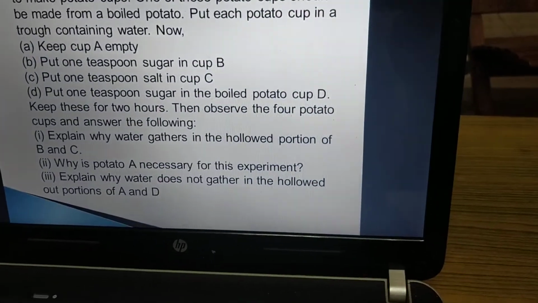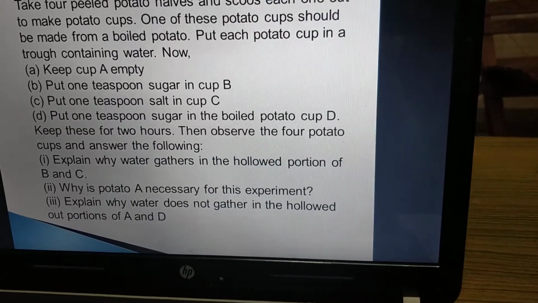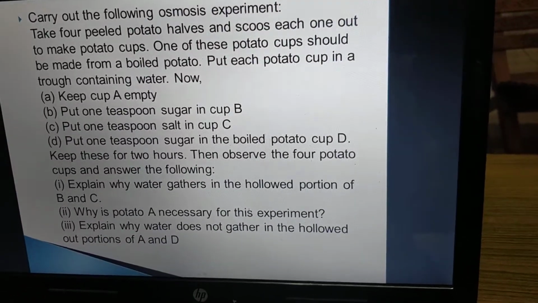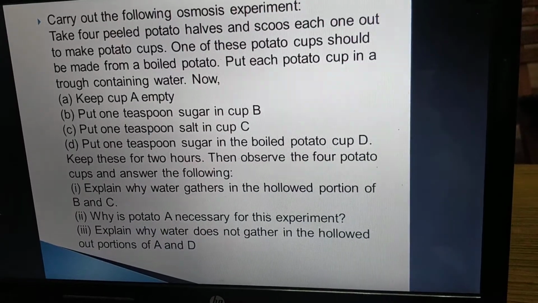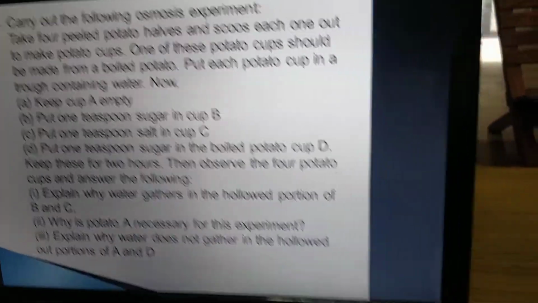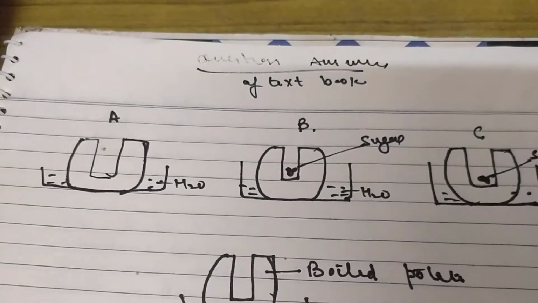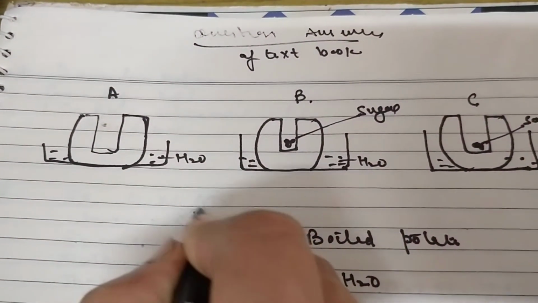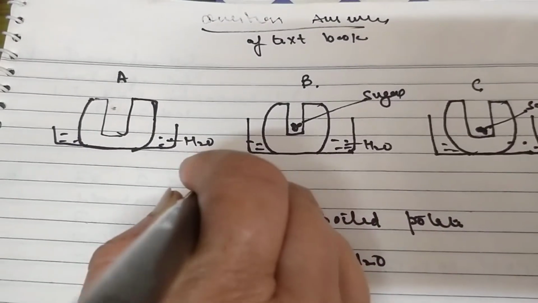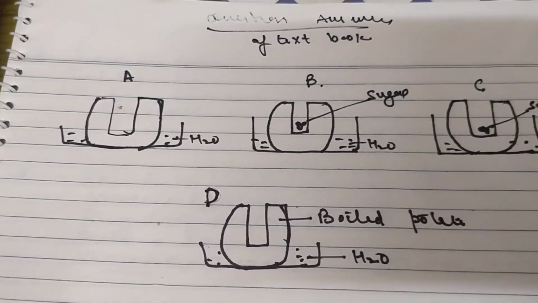Then the last question here is, explain why water doesn't gather in the hollowed out portions of A and D. अब water ना A में आया ना D में आया. This is D. A में क्यों नहीं आया?